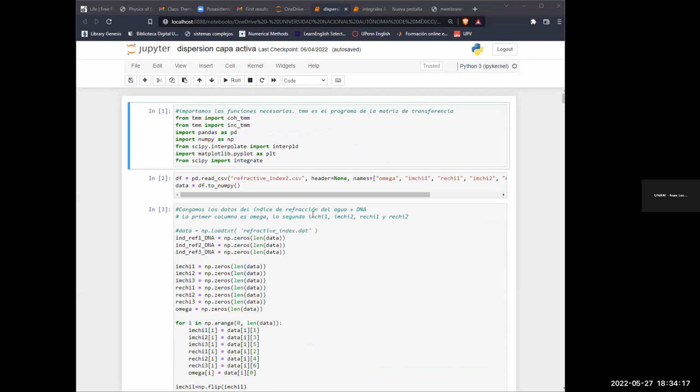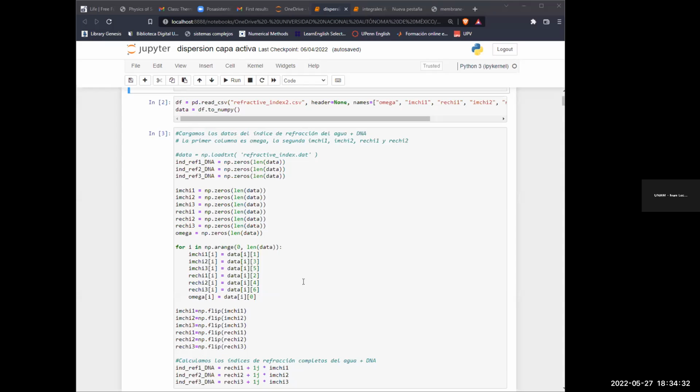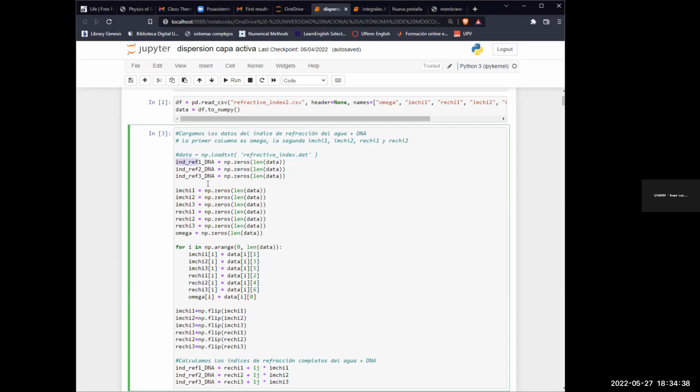Okay, this is my computation of the problem of the prebiotic vesicles. The thing is that we have to calculate the refractive index of the DNA solution.